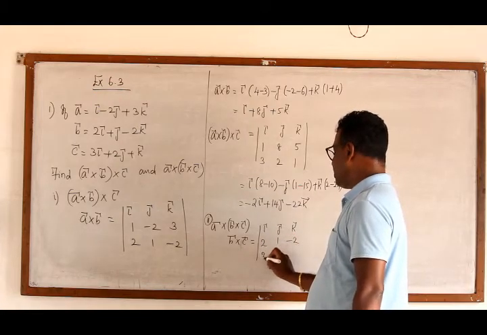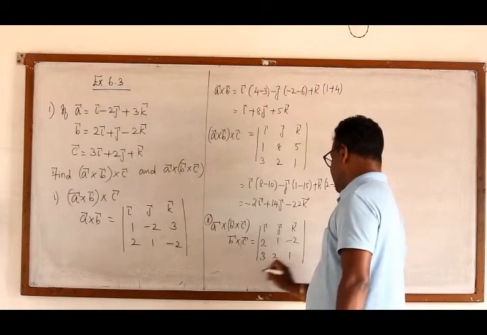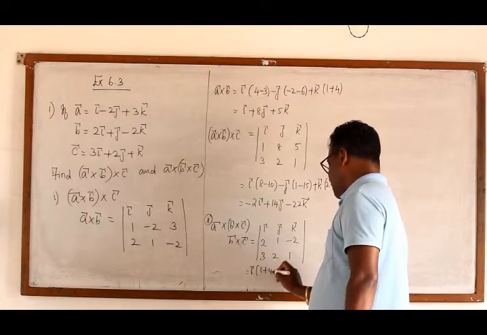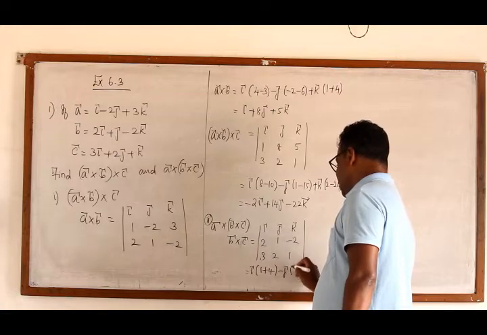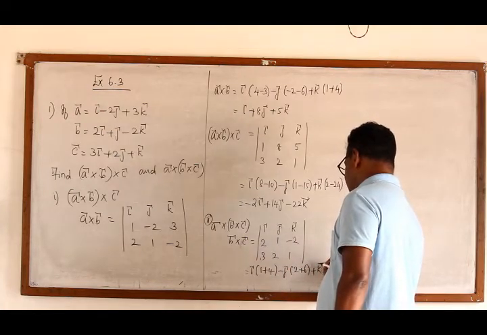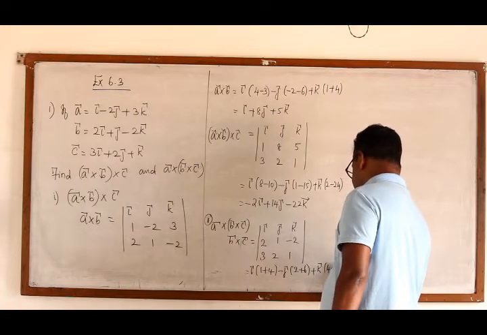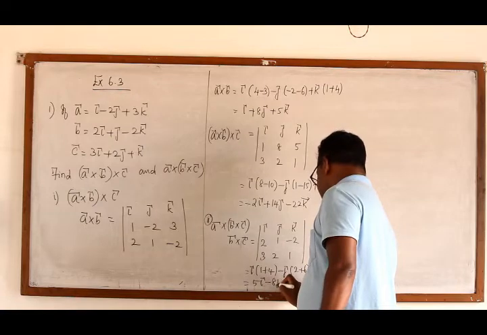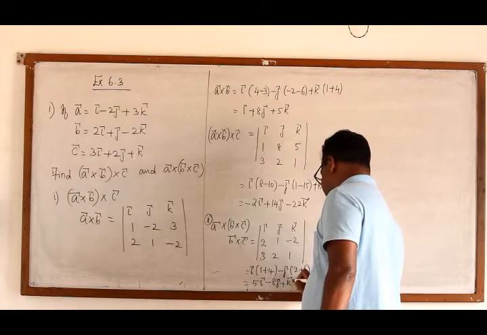Then C vector components are 3, 2, 1. So it is i into (1 plus 4) minus j into (2 plus 6) plus k into (4 minus 3). So the answer is 5i minus 8j plus k vector.